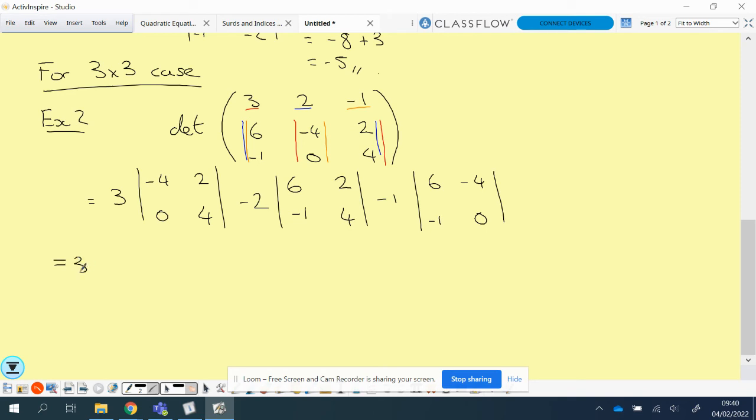So this first one is going to be 3 lots of -4 times 4. Remember, you do the diagonals, times each other, subtract 2 times 0.